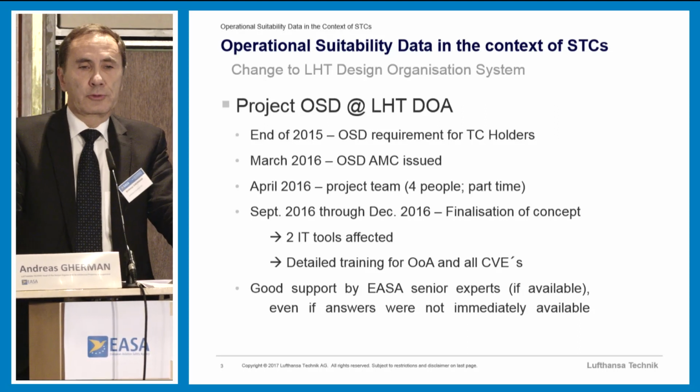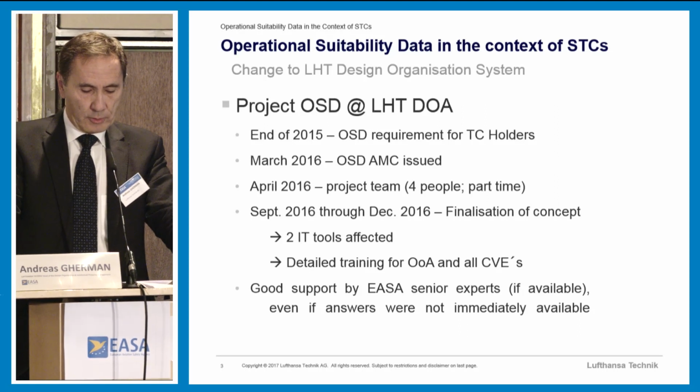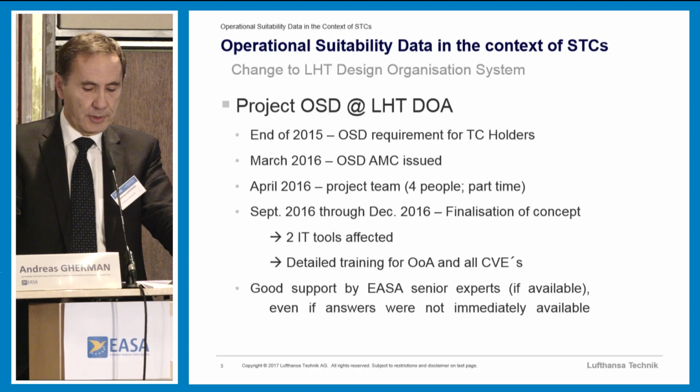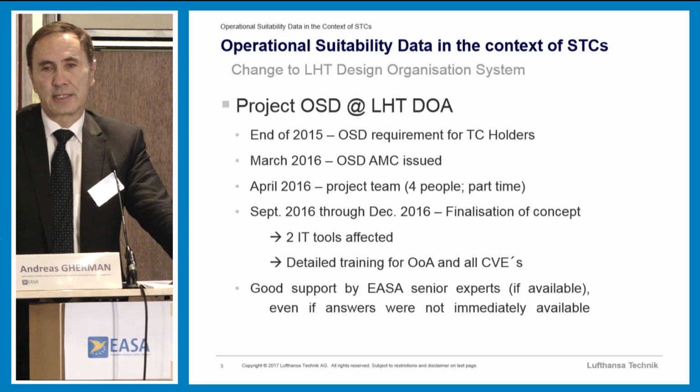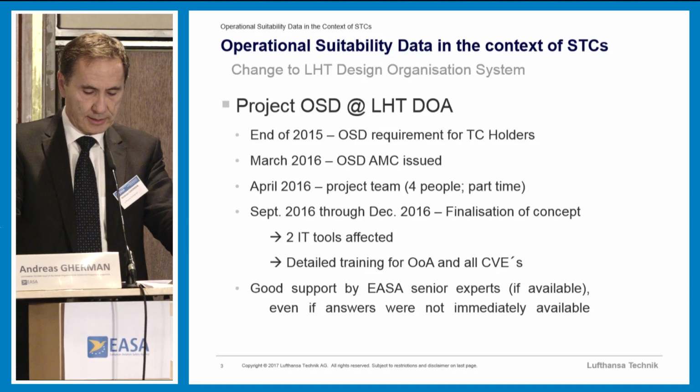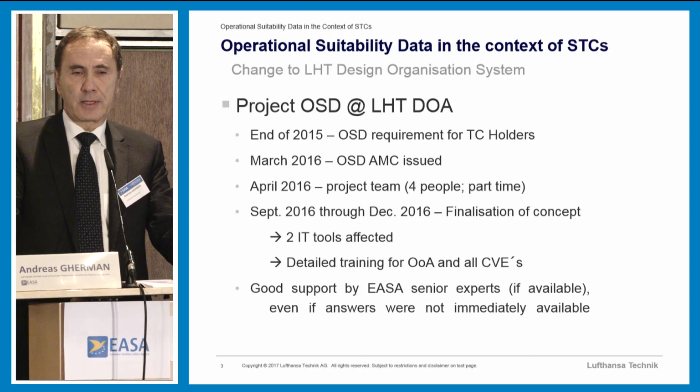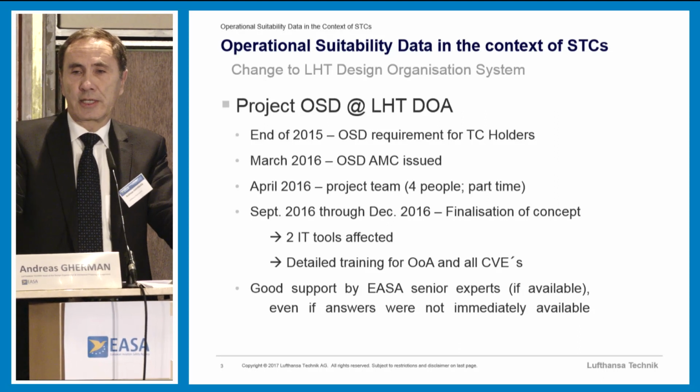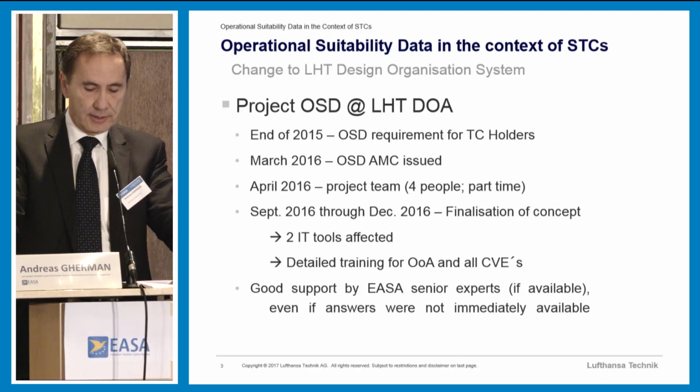And by April 2016, we had initiated a small project team of 4 people working on this subject, not full-time, of course, but on the side of their other duties. And between September and December 2016, we were able to finalize the concept. It was affecting 2 of our IT tools. That's where the complexity of our operation comes in. So that needs to be taken care of, as you can imagine.